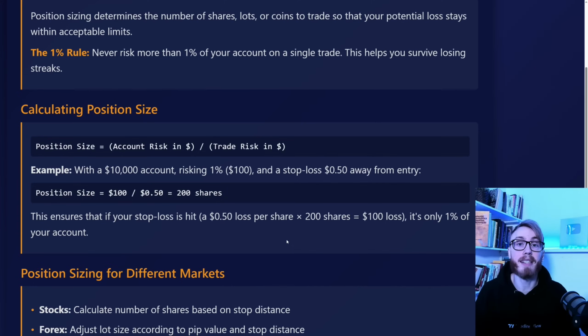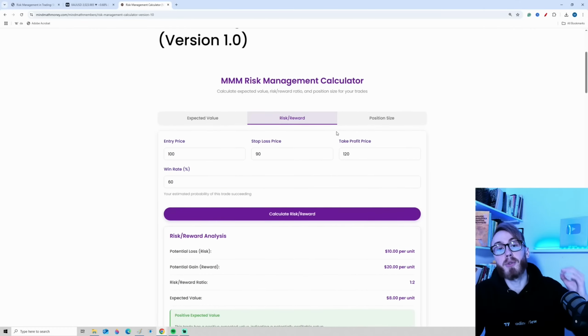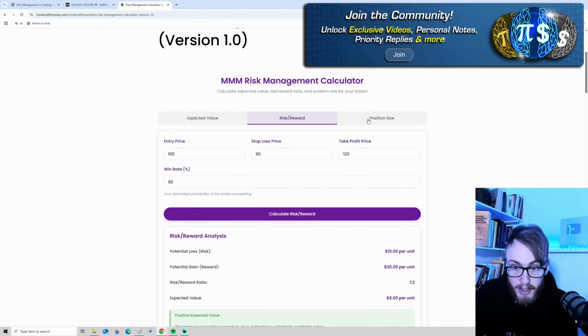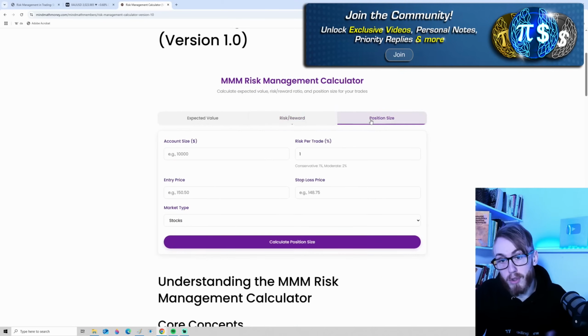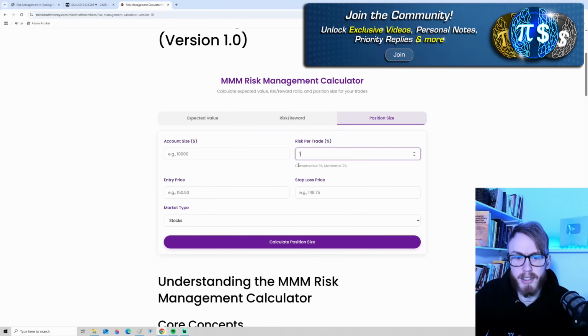Here, if you use our mindmathmoney community calculator, you can just go to position sizes, and the original value for the risk per trade is 1%. The conservative value is 1%, but some traders use 2% or even 3% risk per trade.